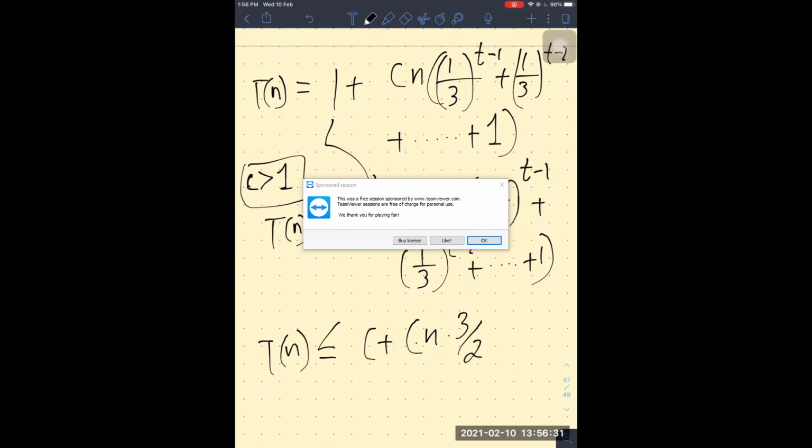Therefore, we can say that T of n is equal to big O of n from this one, for some n0 greater than 0, and c equal to 5 and n0 equal to 1.